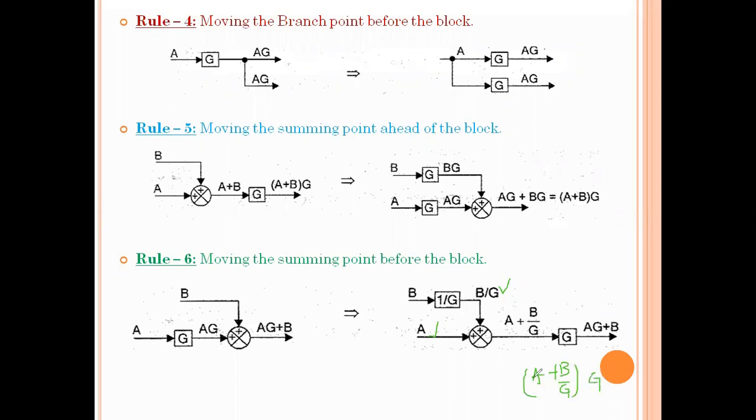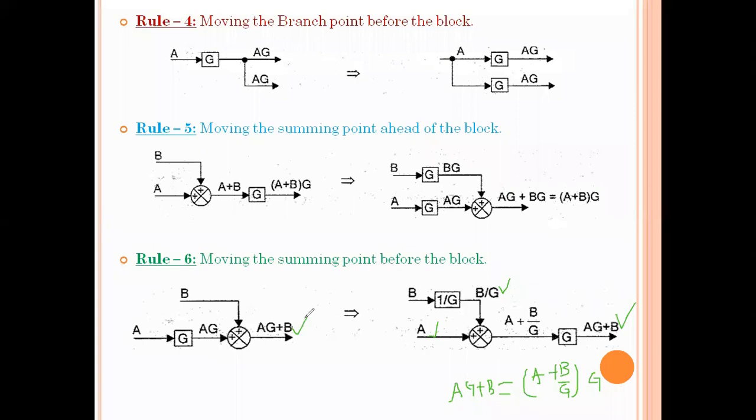If we multiply this G, then we will get AG, because A into G, plus BG by G. So G will get cancelled in this term, then we will get AG plus B, which is our actual required output.